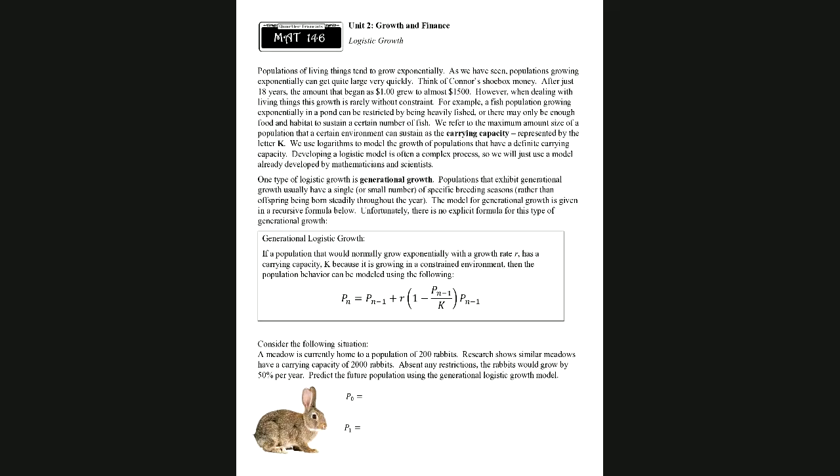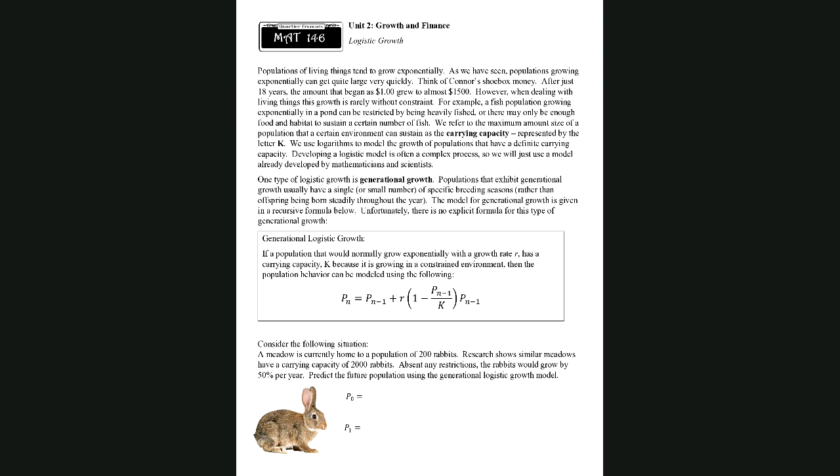However, when dealing with living things, this growth is rarely without constraint. For example, a fish population growing exponentially in a pond can be restricted by being heavily fished, or there may only be enough food and habitat to sustain a certain number of fish.